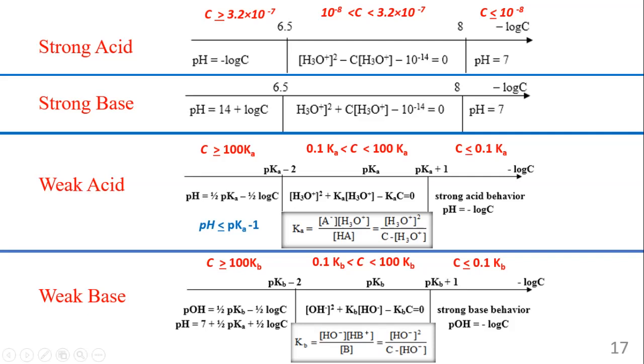Sometimes when you do an approximation, you can check again, see if the pH that you got is less than or equal to pKa minus 1 in the case of acids. And if it is, that's great. It's like a double check. And in the case of a weak base, is the pH greater than pKa plus 1? Now, how do you memorize this?